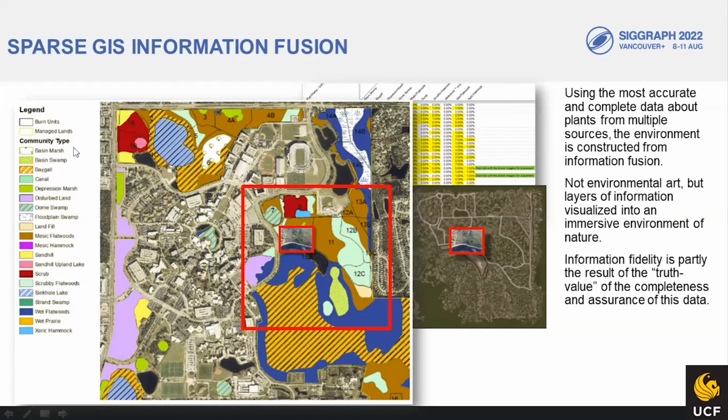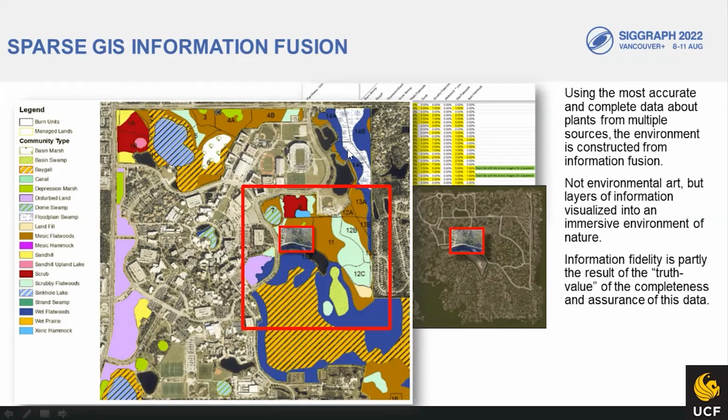Each natural community type has a set of plants that have been recorded as present in that location, as well as the population data. So for example, the circled area here, circle number 7, which is teal and has green diagonal stripes on the key, is actually the dome swamp.